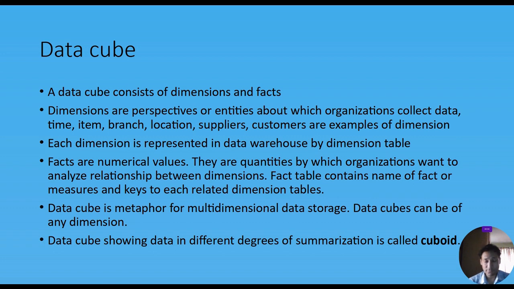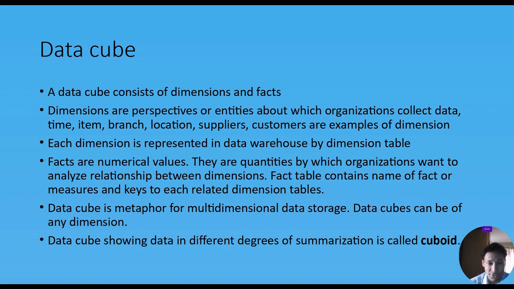Data cube. A data cube is a representation of the data. A data cube consists of dimensions and facts. Dimensions are perspectives or entities about which the organization collects data. Time, item, branch, location, suppliers, customers are examples of dimensions. Dimensions are like entities of the transactional database.